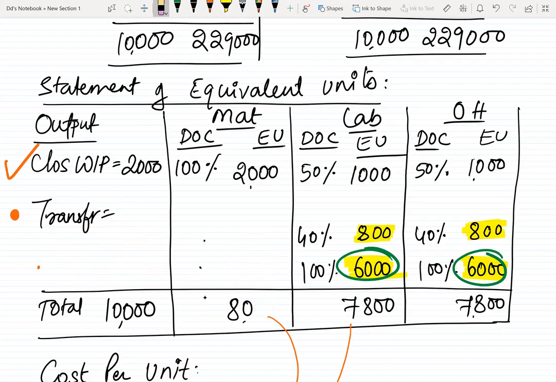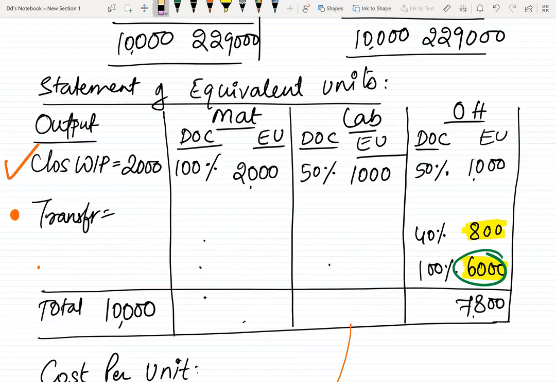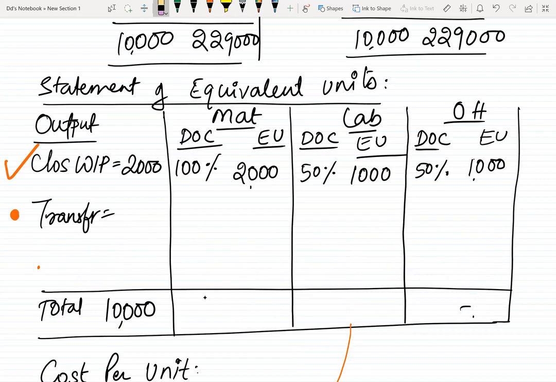All of you, please pay attention. You know what we say in the average cost method? Don't take opening WIP DOC, etc. Maybe 100% material was done last year, 0% you will do now; 60 last year labor, 40 you will do now; 60 overhead, 40 now you will do.